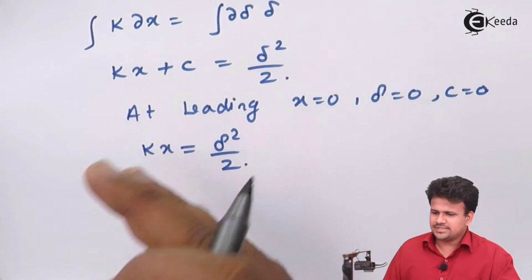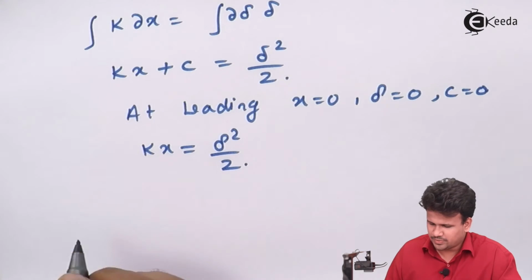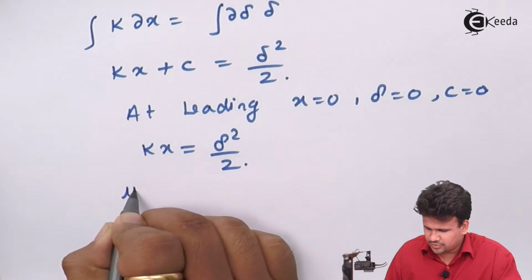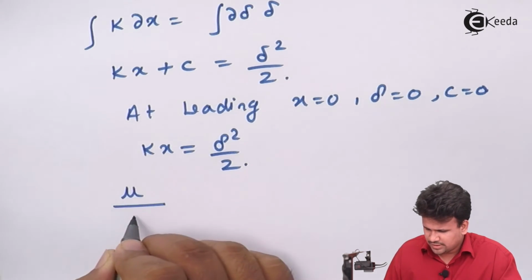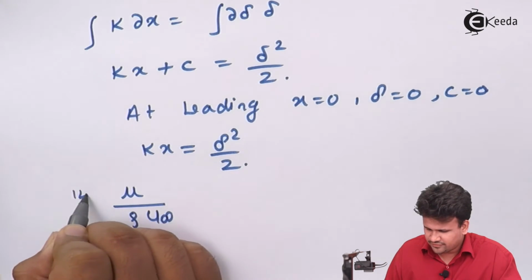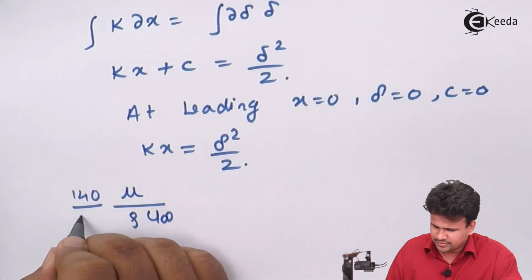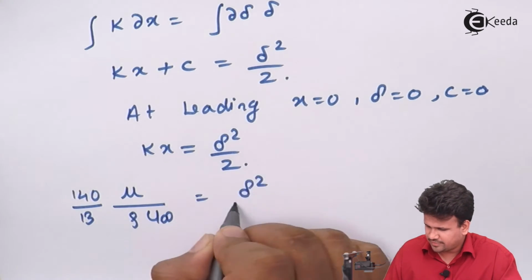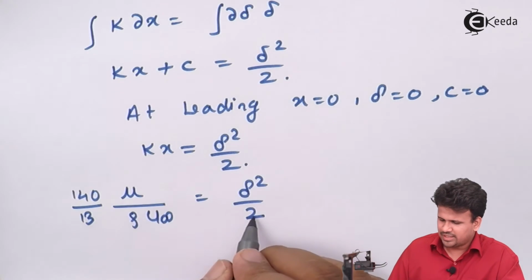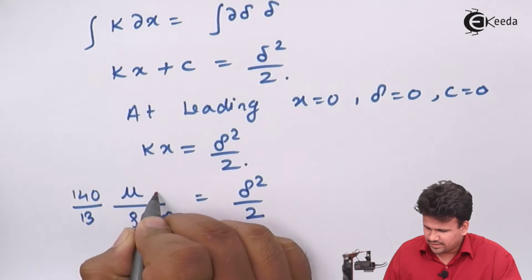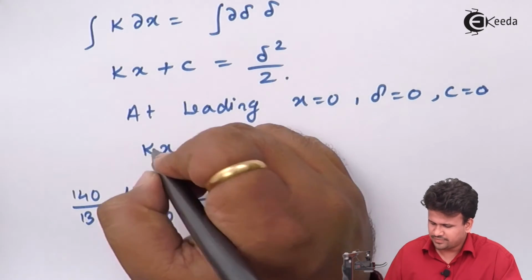After resubstituting this in the equation, what we get is, upon rho into u infinity, and the constants will be 140 upon 13, is equal to delta square by 2. This again will be multiplied on the other side, and this will be multiplied by x, so the x term will be there.